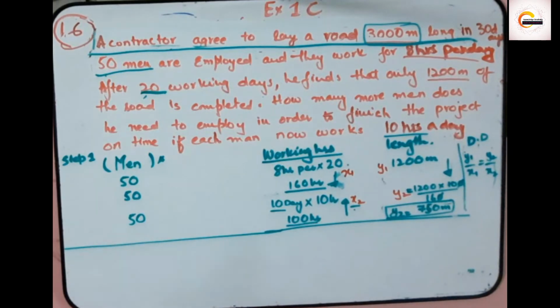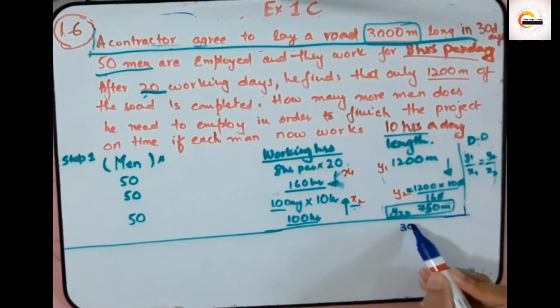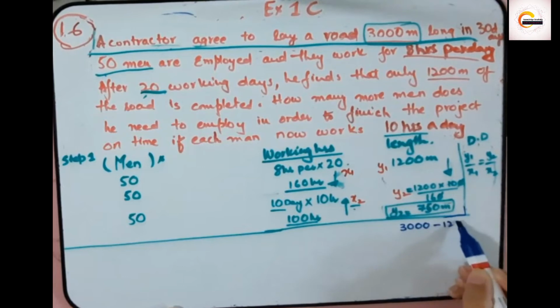We should calculate that if the length of the road is 3000 minus 1200, that is 1800.